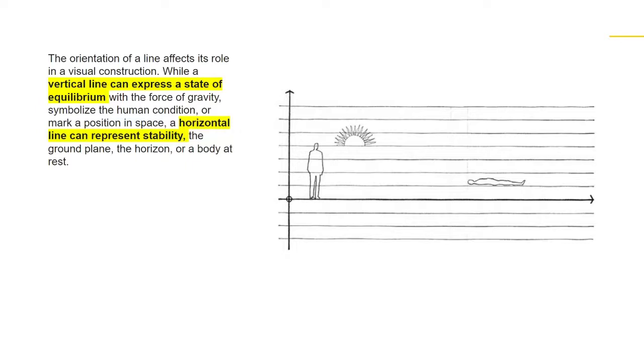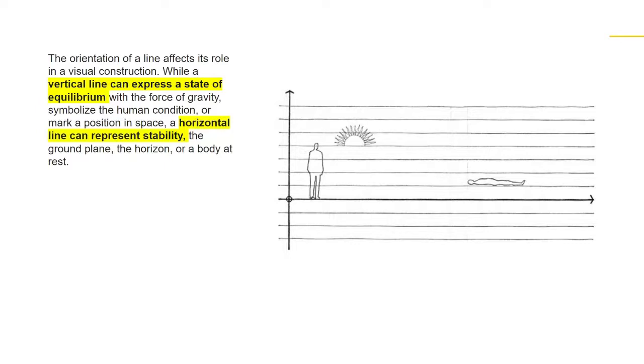A horizontal line can represent stability, so the ground, the plane, the horizon, or a body at rest. What I described earlier: whenever you're at the beach, or up in the mountains, looking through the horizon, you feel that you are grounded, at rest, and relaxed.